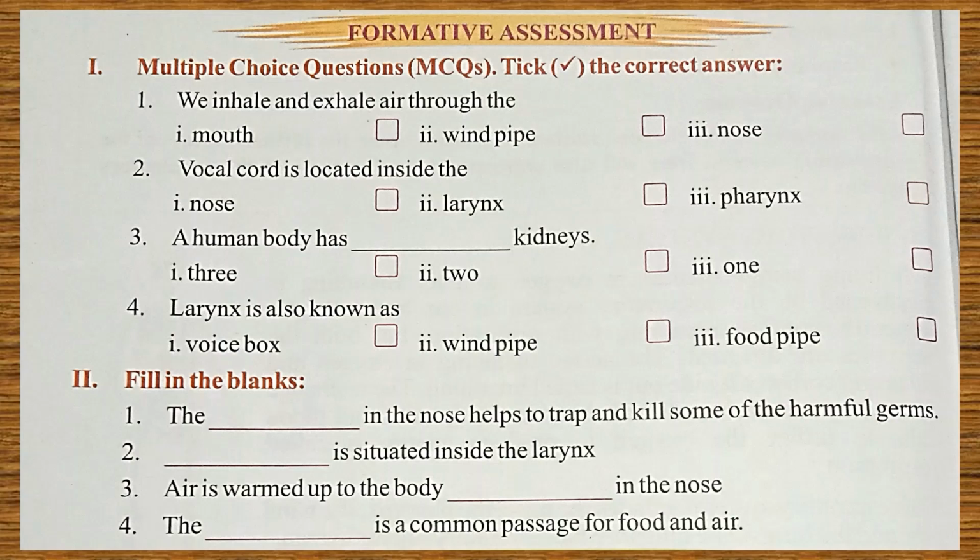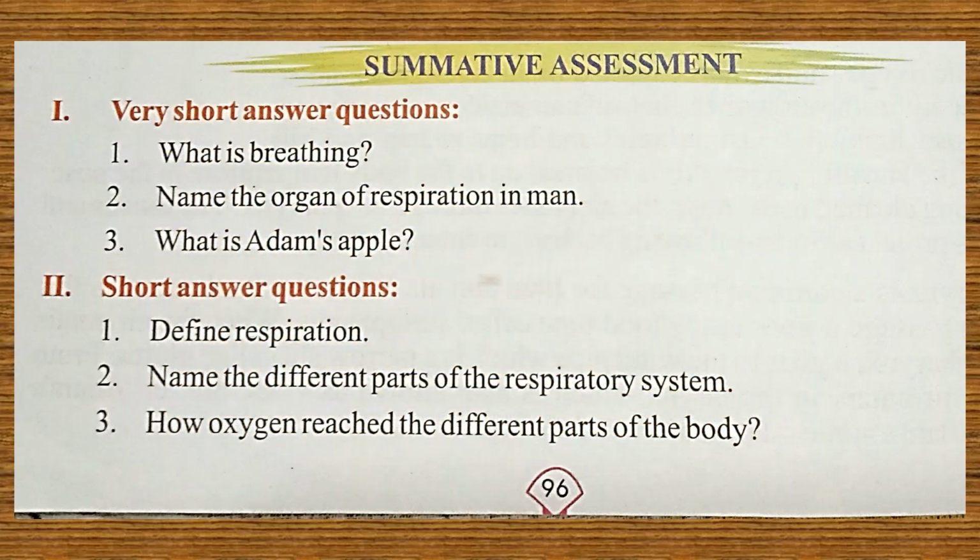Number 2, fill in the blanks, again all the 4 questions, and very short answer questions, all the 3 questions, as well as your short answer questions, all the 3 questions. The answers are all in the chapter. All you have to do is find and write down the answers in your exercise copies.